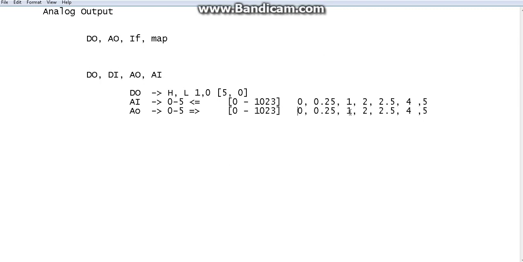So what I am telling is, if we are getting 2.5 voltage from a sensor as an analog input, we know the analog value should be 511, because it is half of the 5 voltage, half of the 1024 units. We have studied all these things. So when you want to give an output of 2.5 voltage from a pin, what should you do? You should say, please give the output of 511. You understand what I'm telling?